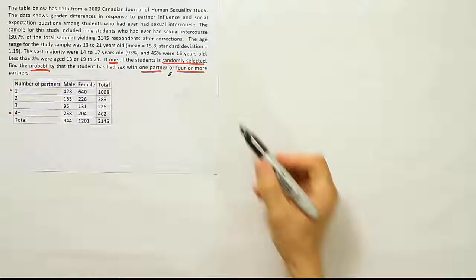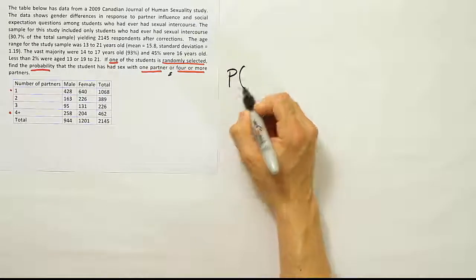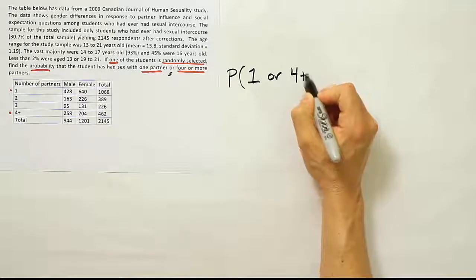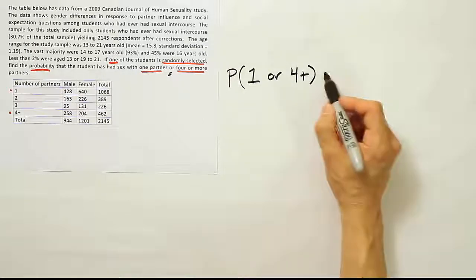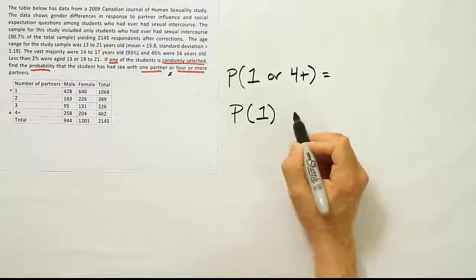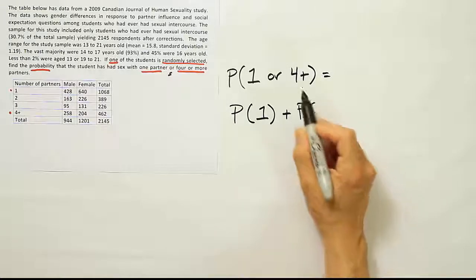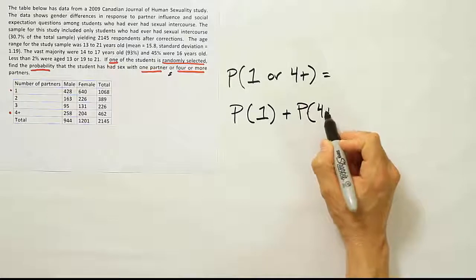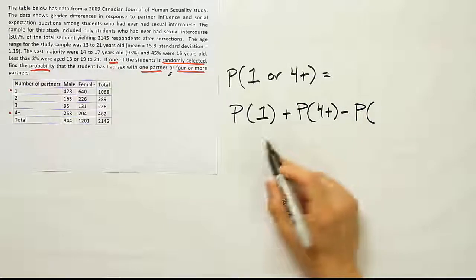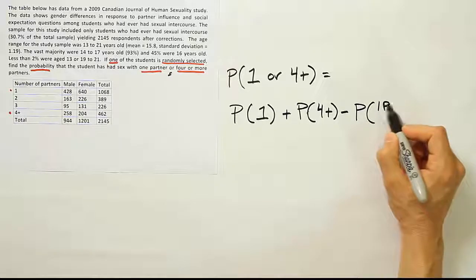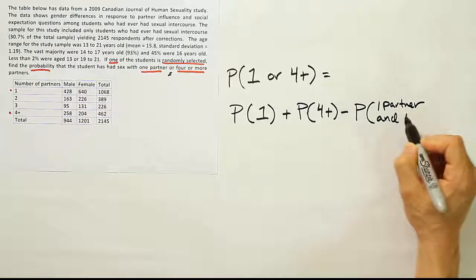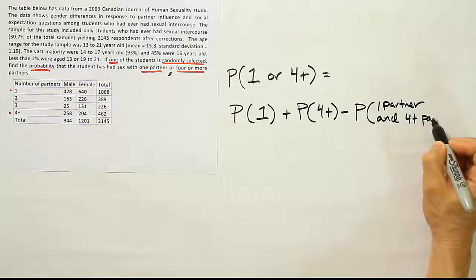So let's write down the formula. The probability of one partner or 4 plus partners. All right, so the probability formula says probability of one partner plus probability of this guy, the 4 or more partners, minus the probability of both one partner and 4 plus partners.